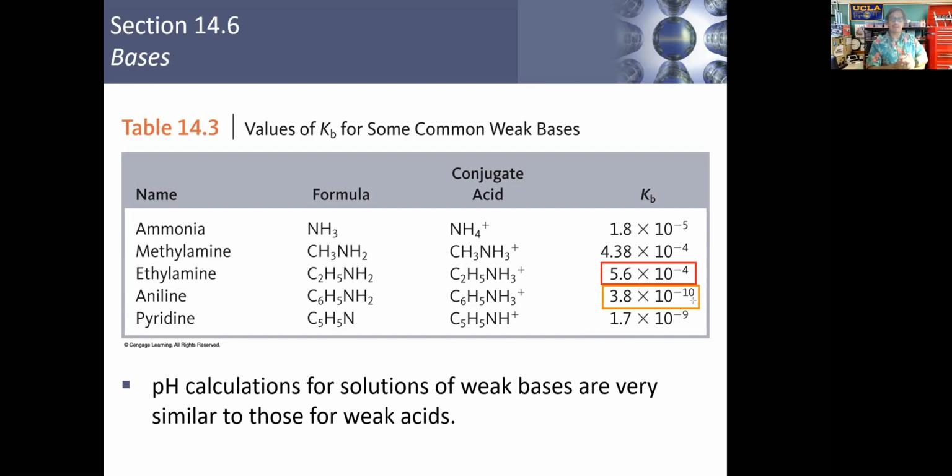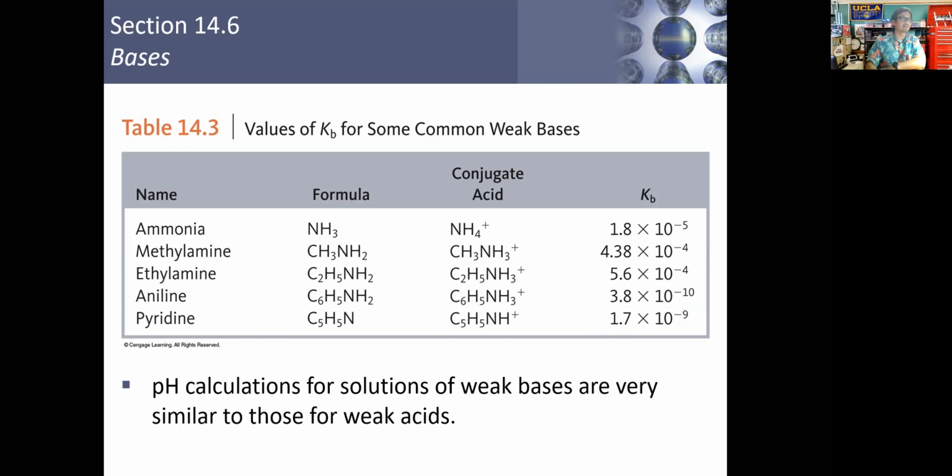For weak bases, we set up our ICE table to find the hydroxide ion concentration. From that, we find either the pOH or the hydrogen ion concentration directly, and from there we can get the pH. So it's going to be ICE again, using the ICE table to solve these problems.